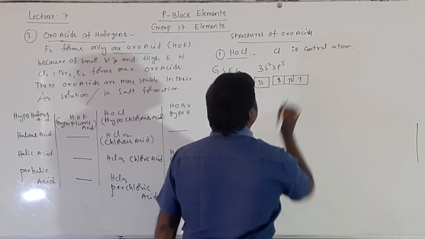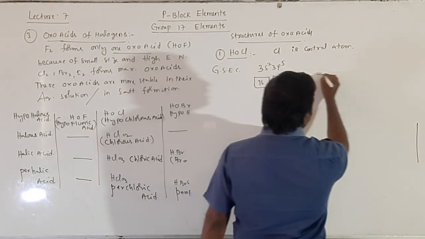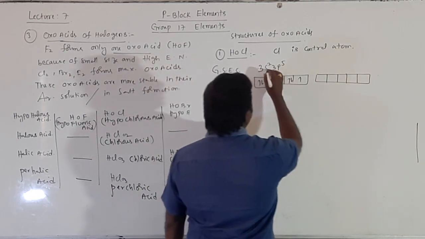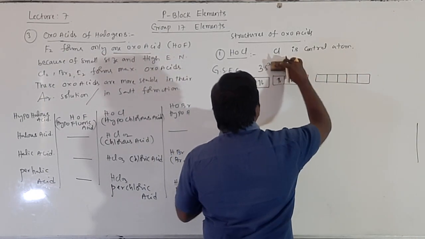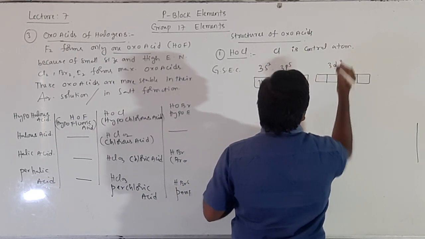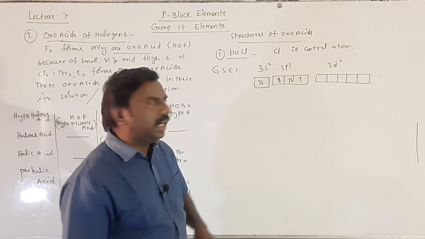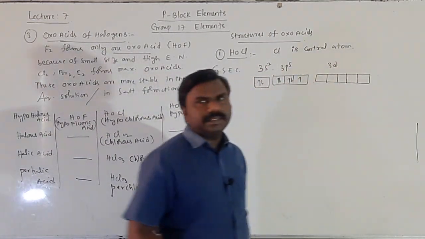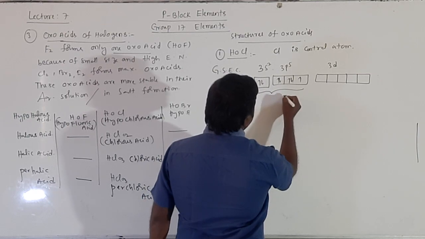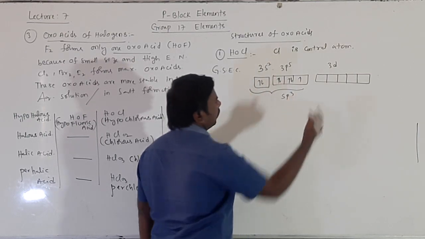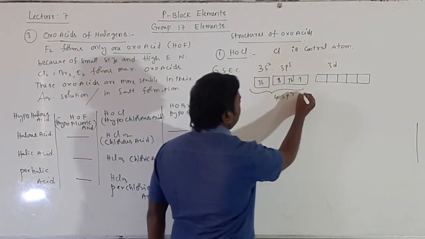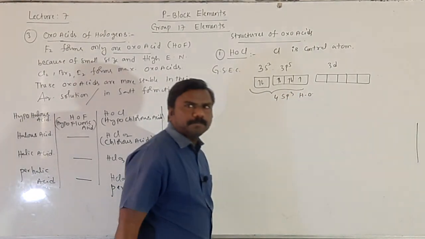After that D is there, 3s2 3p5 and 3d 0. Getting all of you? No excited state. In ground state, it undergoes sp3 hybridization. Then you will get 4 sp3 hybrid orbitals.